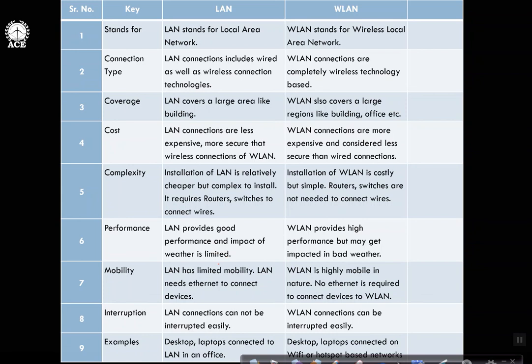LAN provides good performance, and the impact of weather is limited, but in WLAN the impact of weather is very high because of the broadcast medium. LAN has very limited mobility, almost no mobility, but WLAN is highly mobile in nature. Interruption: LAN connections cannot be easily interrupted, but with wireless, as we see when we communicate with our cellular phones, we find a lot of disruptions and interruptions. Examples of hosts: a desktop or laptop connected to a LAN, versus a desktop or laptop connected over Wi-Fi or hotspot-based networks using an access point. So this is a very simple and interesting table showing the differences between LAN and WLAN.